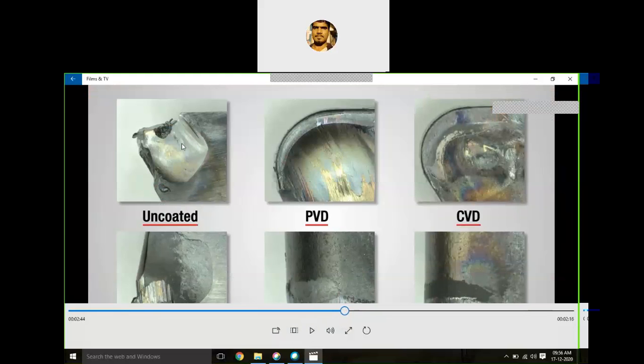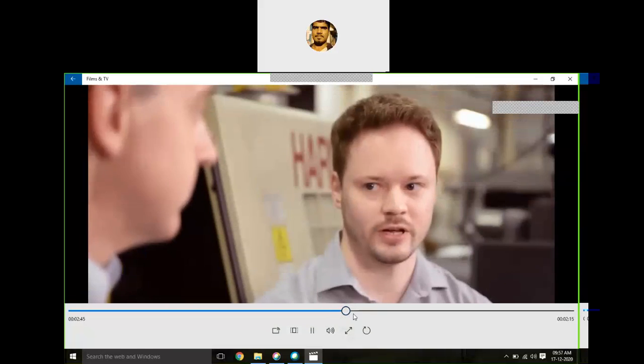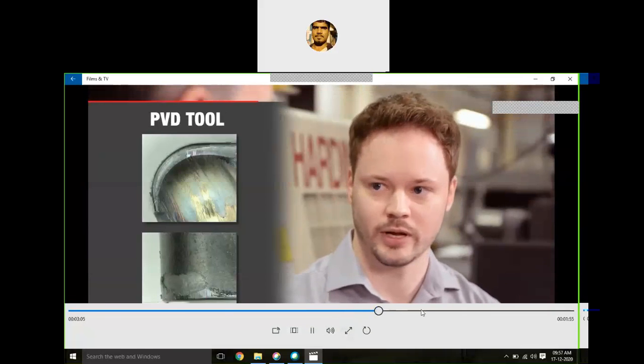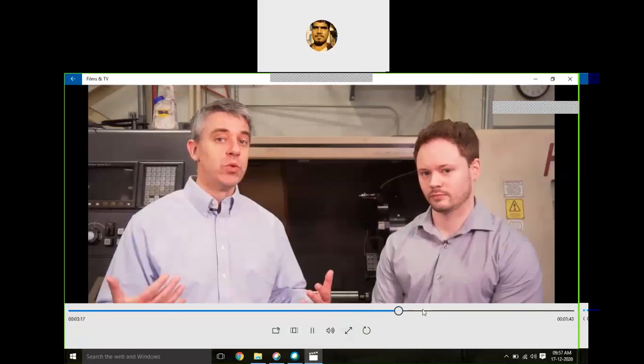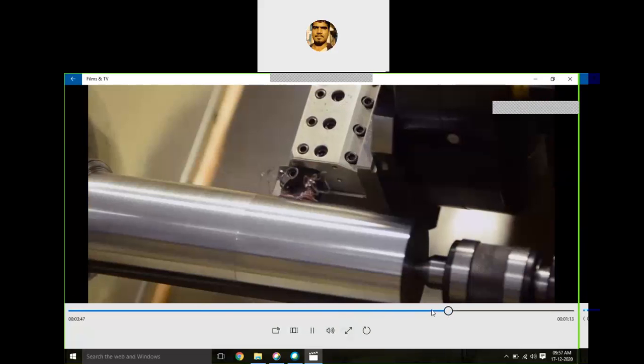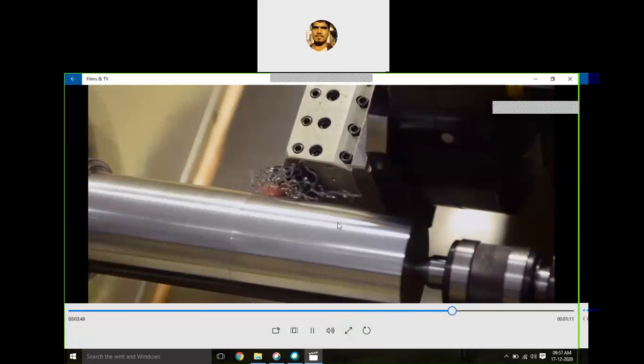Just see, this is uncoated, there is no surface damage. This one is the substrate, the base material, and here it is damaged, and this is coated by the PVD process, and this by the CVD process. It's nearly the same. And this is machining after coating.